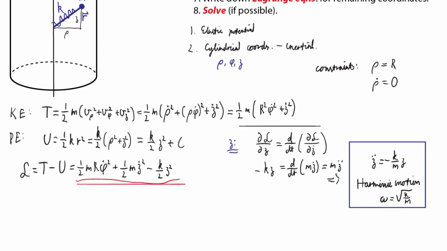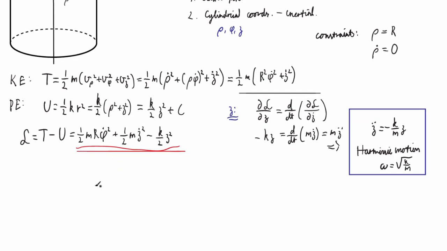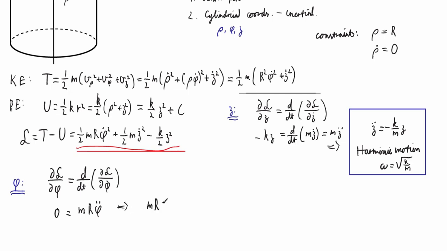Now let's look at the phi direction. Well, the potential doesn't actually depend on phi, so we just get 0 equals m R phi double dot, which we could write, if we like, as m R phi dot equals a constant. Now let's see here.